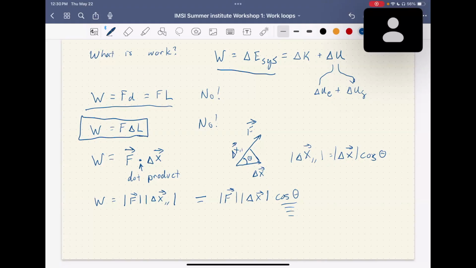And then to figure out the work that the muscle is actually doing, you have to think about this angle here. So I like to remind us to always think about forces and changes in positions as vectors, because that helps us do a better experiment and think of a pitfall. I've reviewed multiple papers before that have made this mistake, that have not considered the fact that the forces and the change in position may not be operating in the same direction.